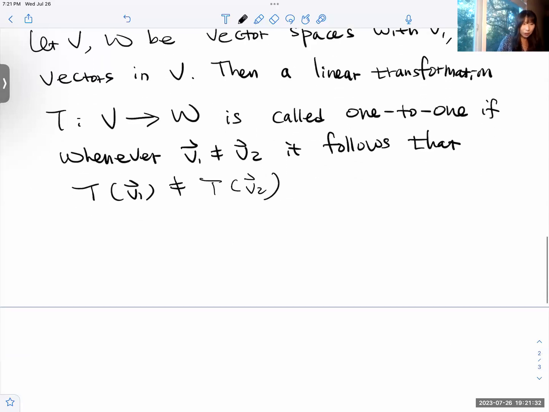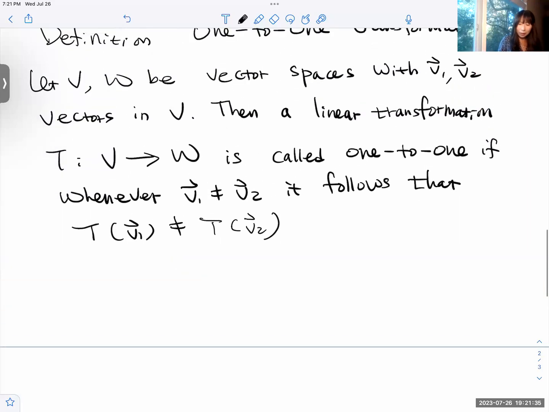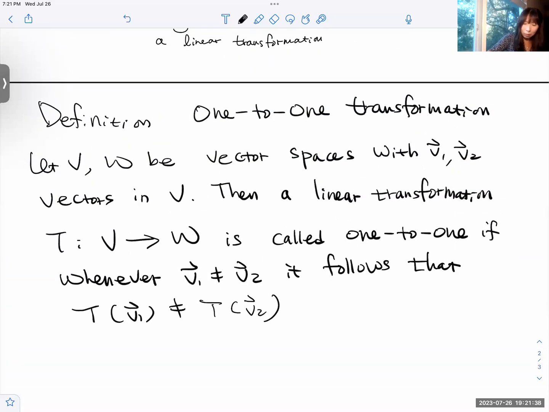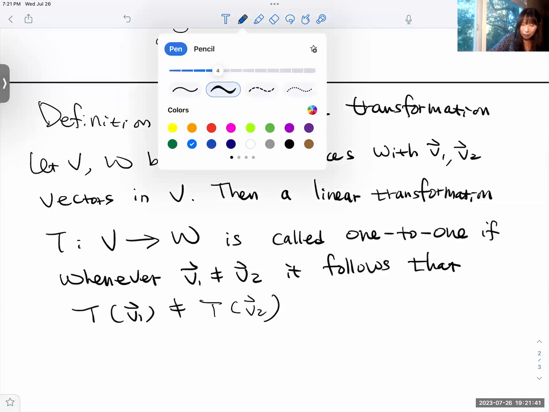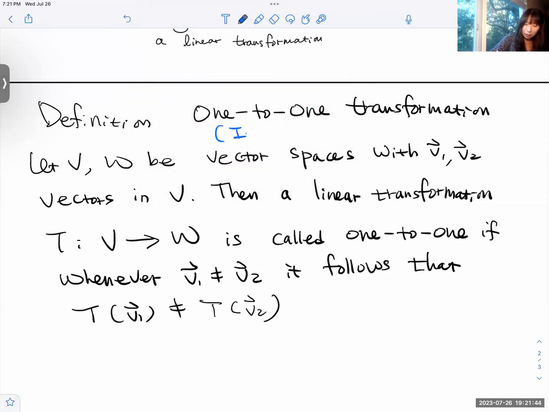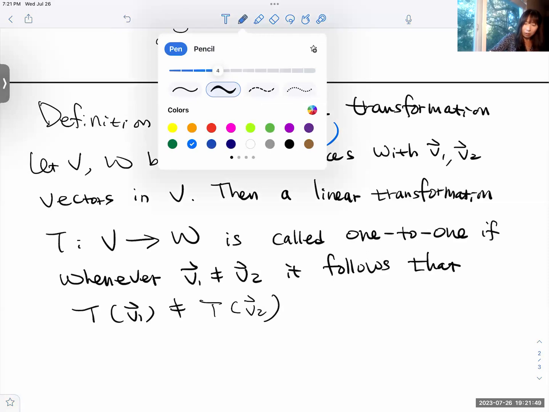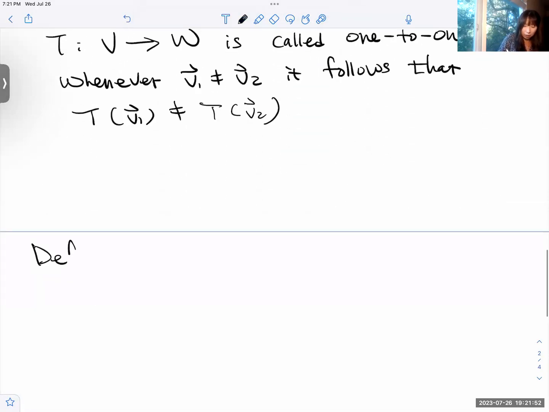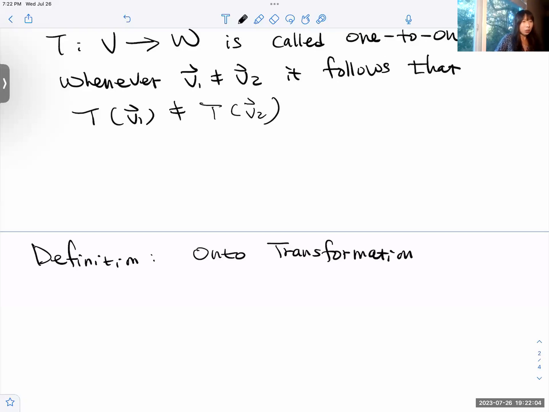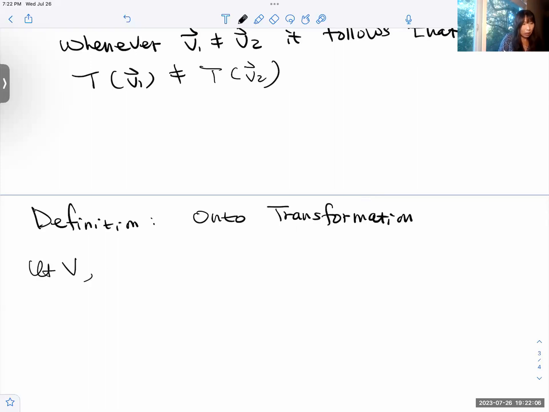By the way, for one-to-one, some textbooks indicate that this is an injective function. Injective. Definition. Onto transformation. Let V and W be vector spaces.